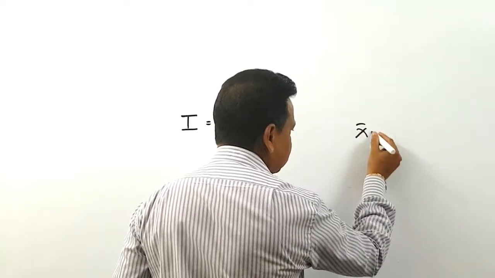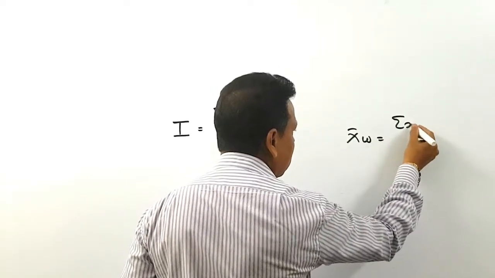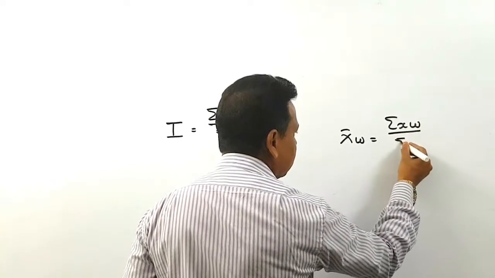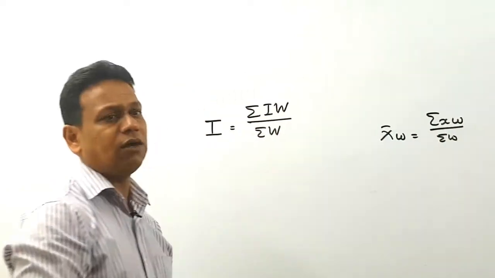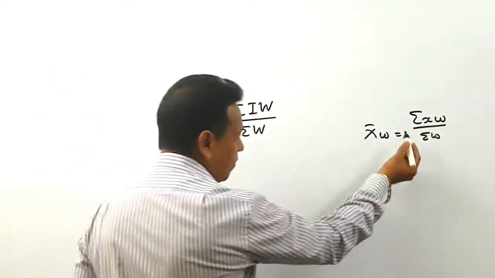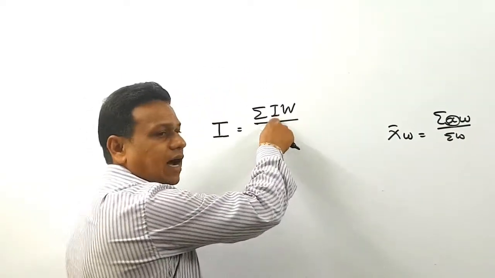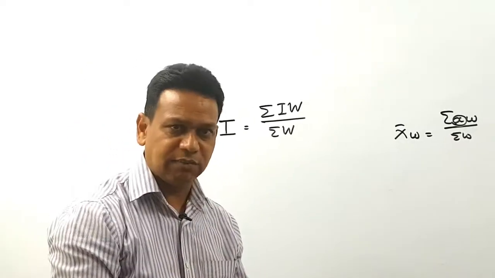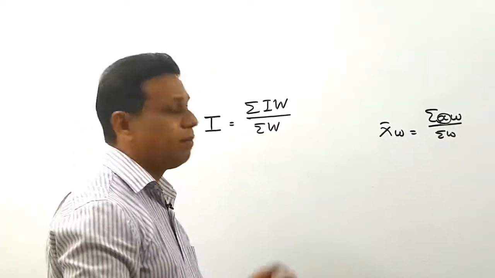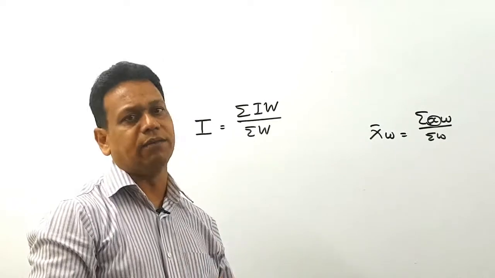You can see easily that in standard 11 we found the weighted mean, with a formula x bar w equals sum of xw divided by sum of w. This time, because we are using our variable I, the index number for different commodities, instead of x, and w shows weightage or importance.